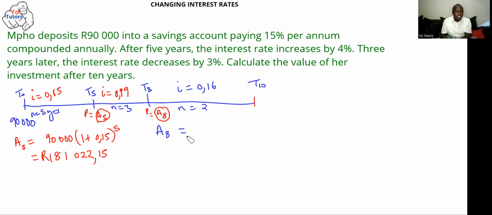Now what do we know here? n is equal to 3. So we're going to calculate. Let's see what we're going to get there. It is going to be equal to 181,022.15 in bracket 1 plus 0.19, because the interest has changed, to the power of 3. And let's see what we get there.